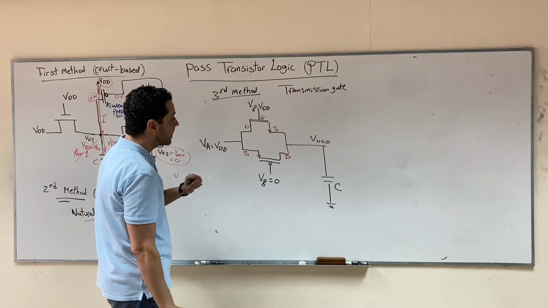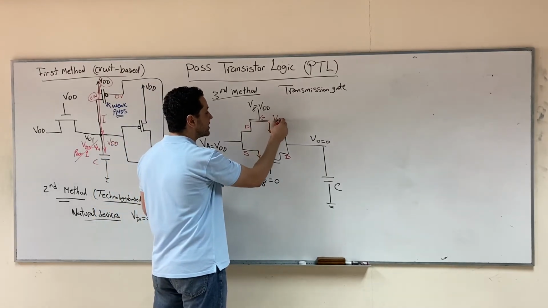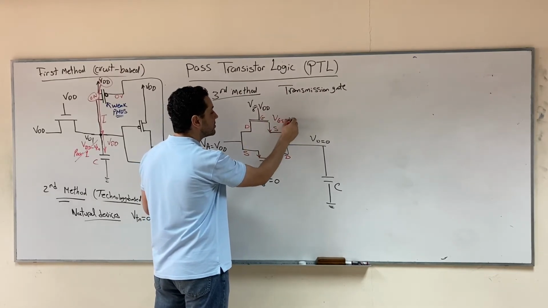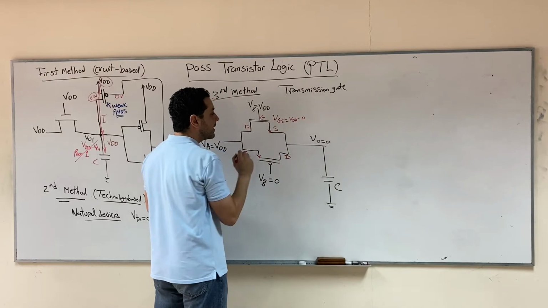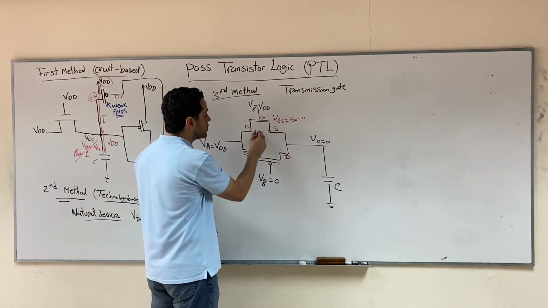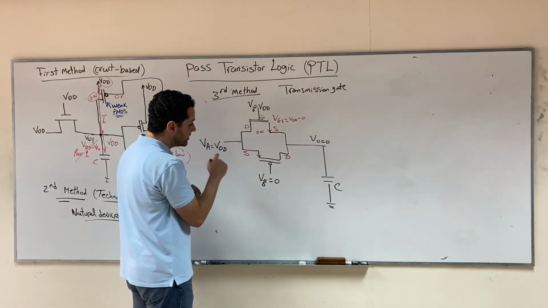Now, because VGS in the beginning is VDD minus 0, and I'm going to write the beginning using the red color, this transistor will be on in the beginning. And again, let's look at the PMOS transistor.